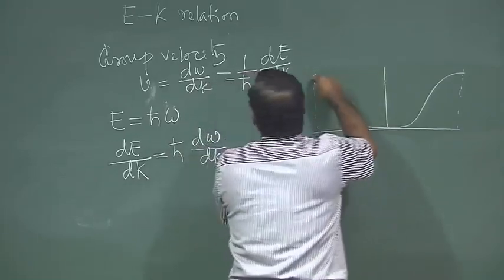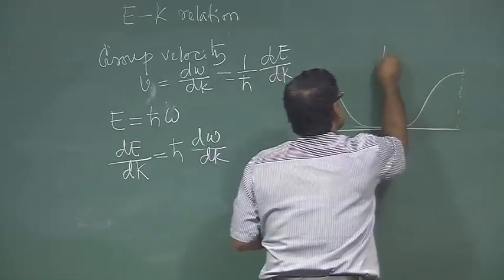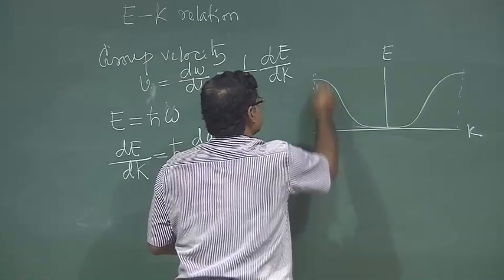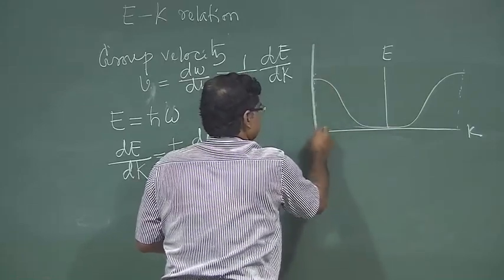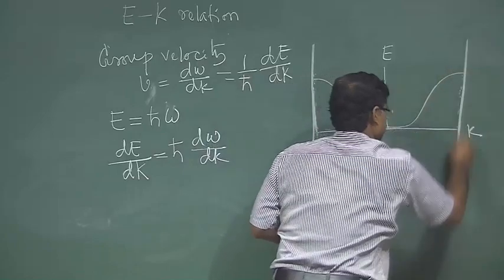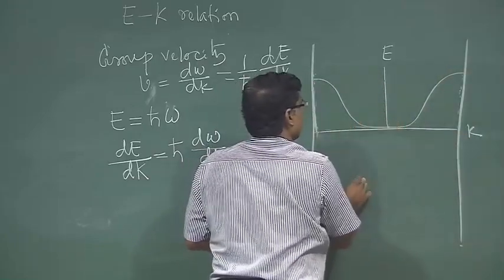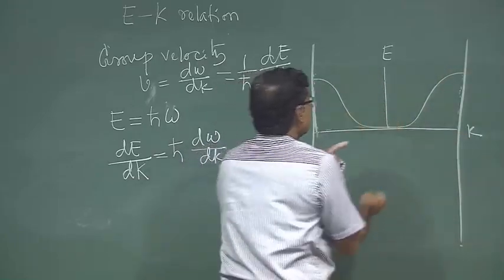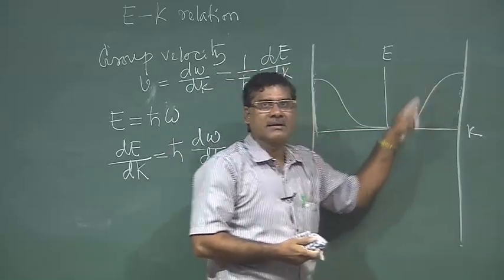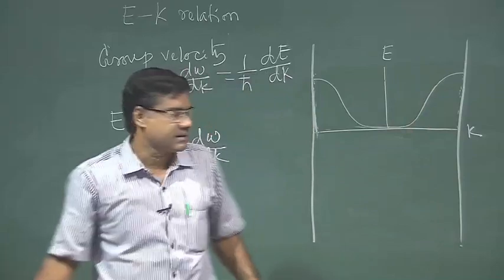This is the E-k relation, this is E and this is k. Here you see d by dk is nothing but the slope of this curve.